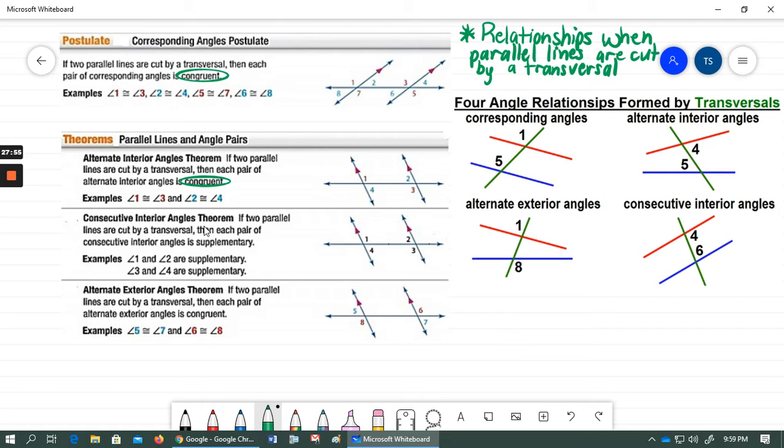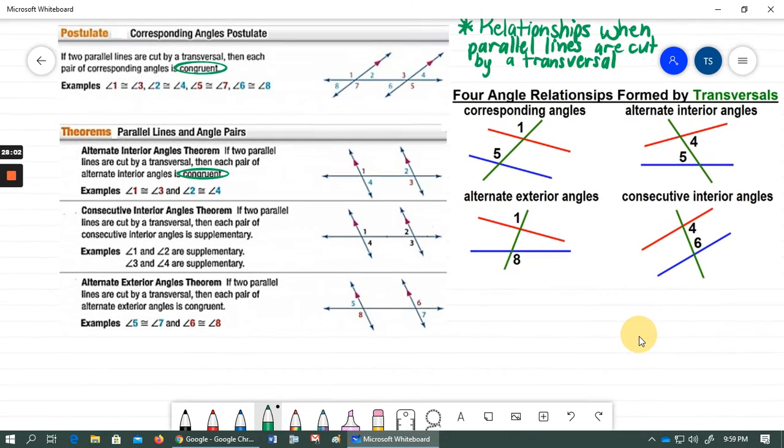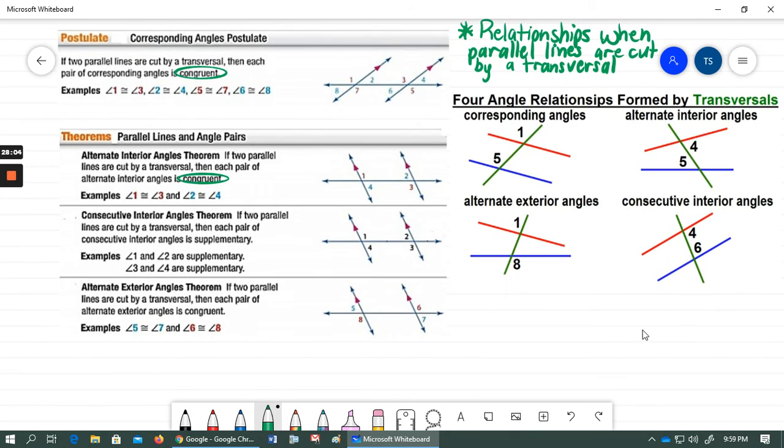You hear me emphasizing it so much. I'm not fussing, just trying to make my point of how important it is. When you have two parallel lines that are cut by a transversal, then each pair of alternate exterior angles is congruent.